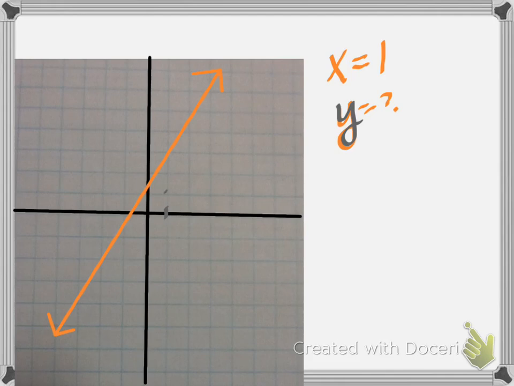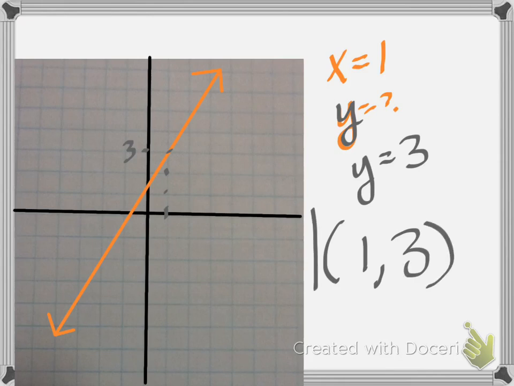I'm rising 1, 2, 3. And I can check 1, 2, that is a 3. So when x equals 1, y equals 3. And my ordered pair is 1, 3. And that would be your answer.